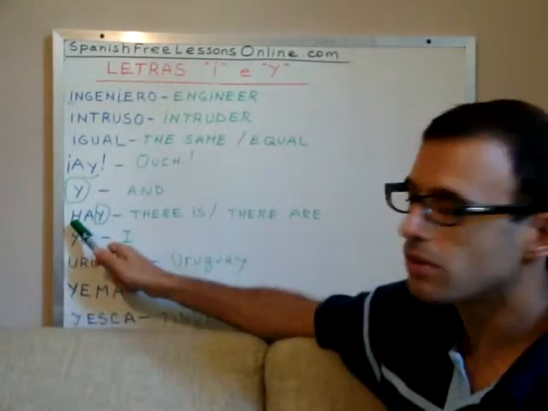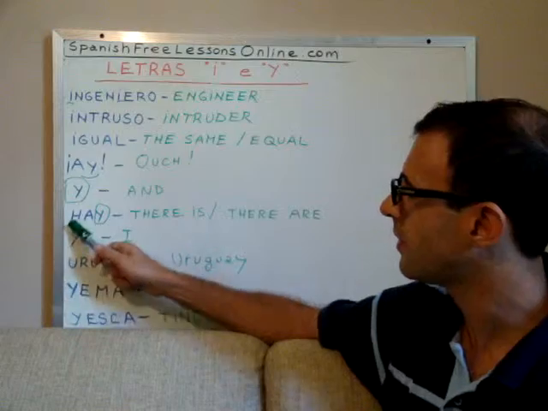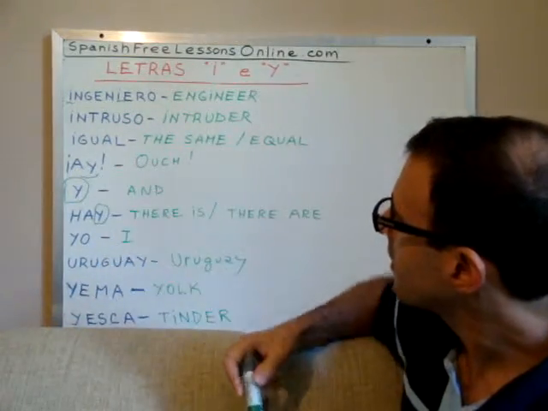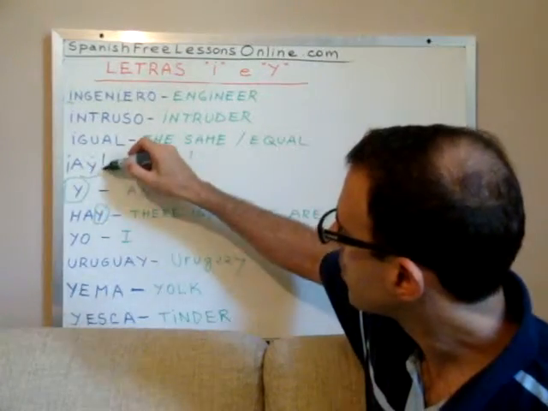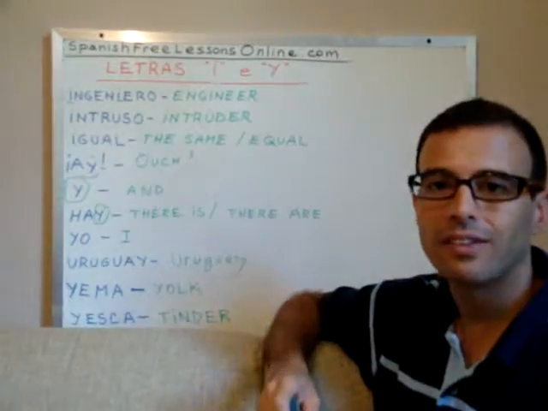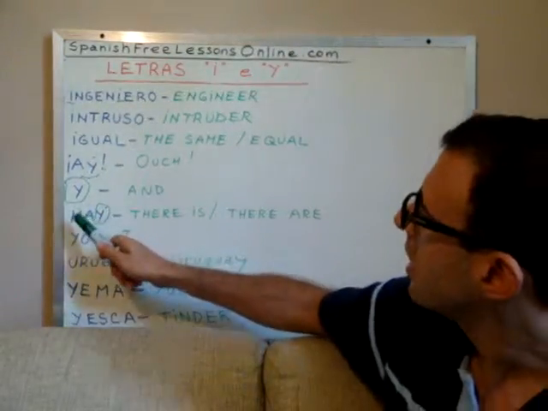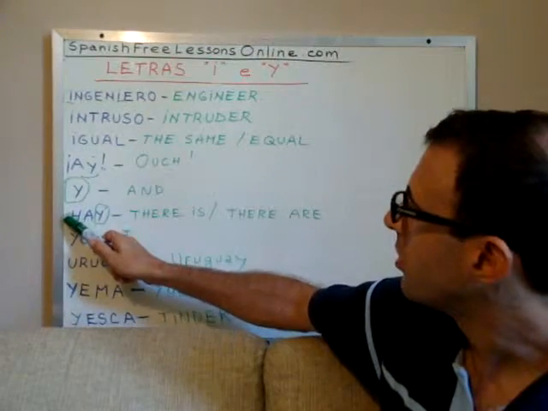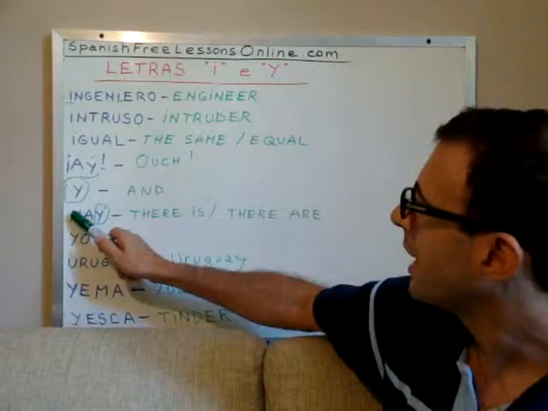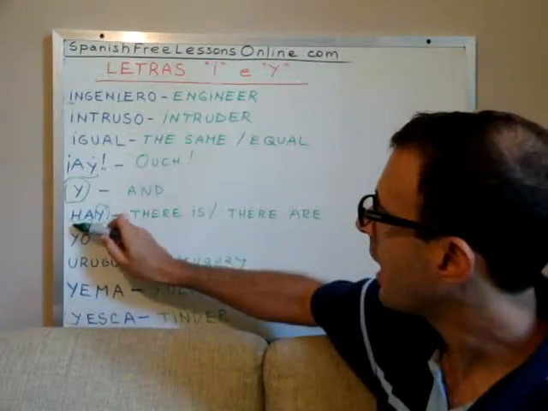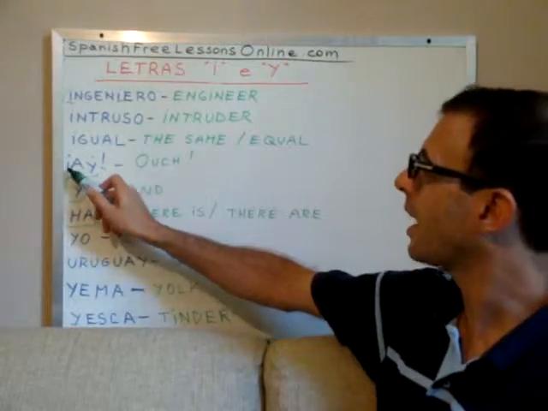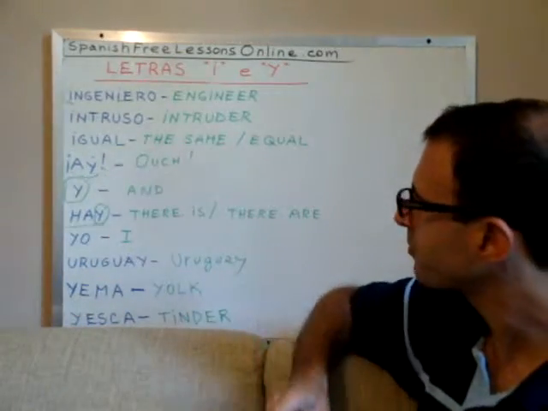Remember that the H is always mute, okay? This is I. So these two words are pronounced exactly the same, right? In writing, we can differentiate them because the verb hay here has an H, while the exclamation ay has no H, okay?